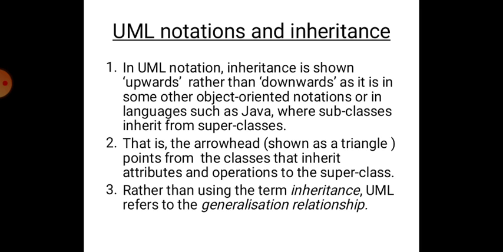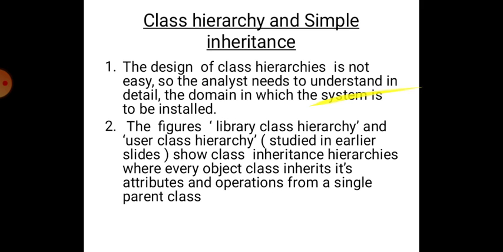Rather than using the term inheritance, UML, Unified Modeling Language, refers to the generalization relationship. So students, in UML we speak about the generalization relationship for the word inheritance we have studied in object-oriented programming. So there is different terminology here.